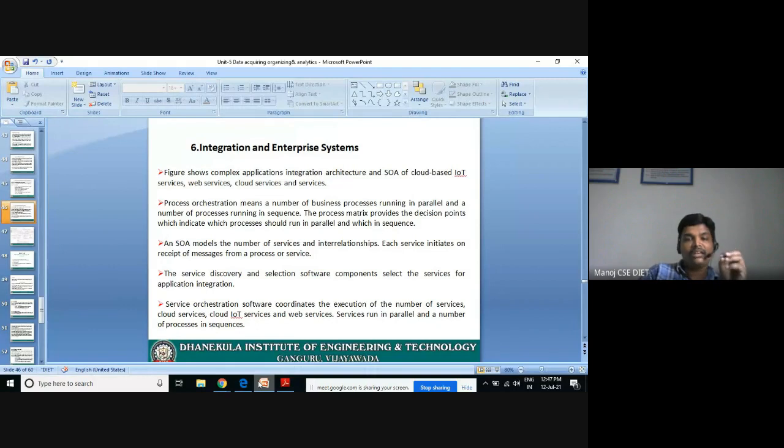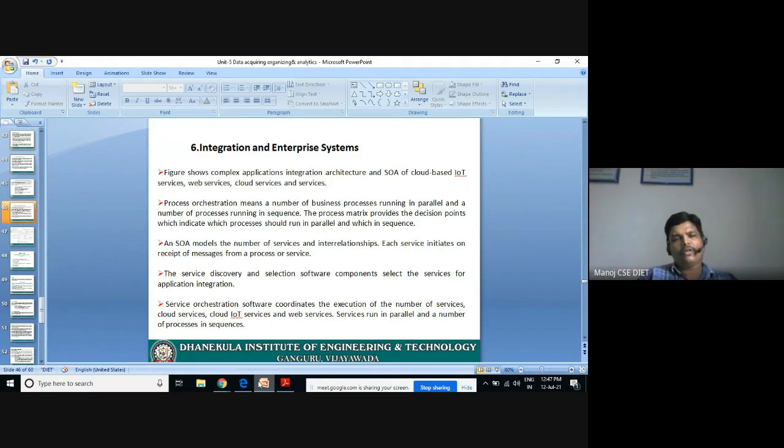We need to select some software components to provide all such services in the form of software. Every software consists of a number of software components regarding our business based on this SOA, and all those selected services finally lead to application integration.